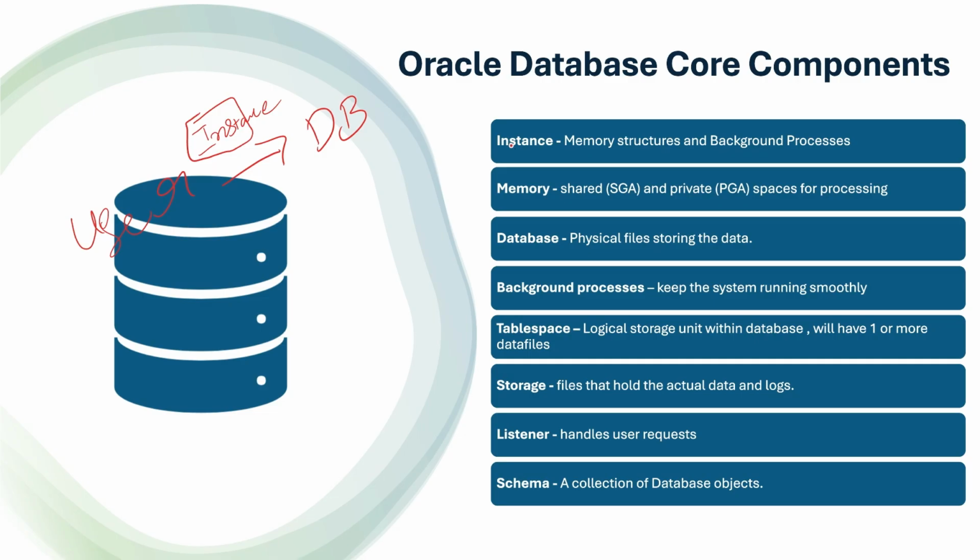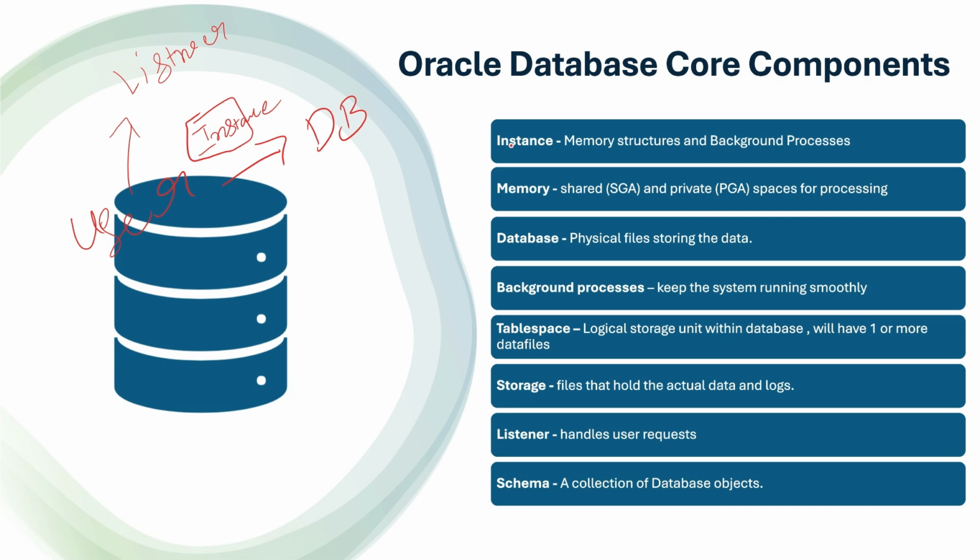Here the listener will decide whether your user should connect to the instance or not, whether this user has the right information to connect to the instance. So this listener plays a major role here.